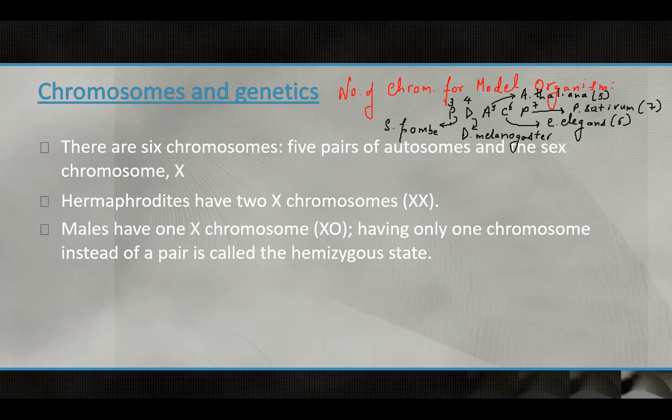PDACP means Schizosaccharomyces pombe, Drosophila melanogaster, Arabidopsis thaliana, Caenorhabditis elegans, and Pisum sativum. So, my dear students, we have finished Pisum sativum in the case of Mendelian genetics. We have also seen Arabidopsis thaliana just before these lectures began. Now we will look at Caenorhabditis elegans, and then it will be followed by Drosophila melanogaster.